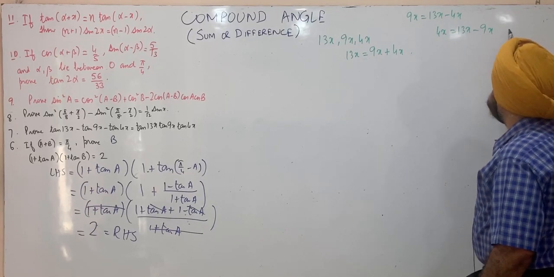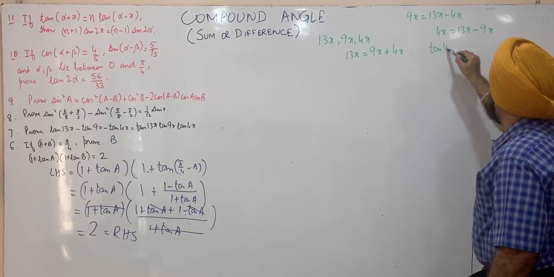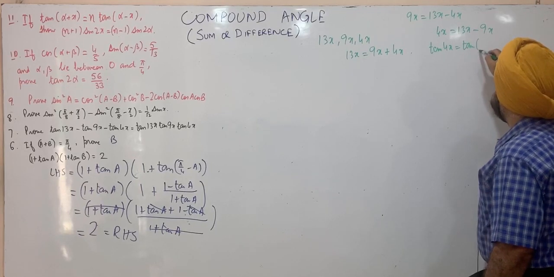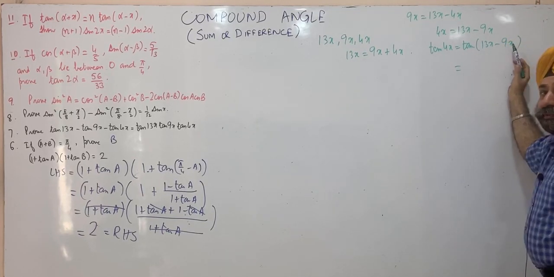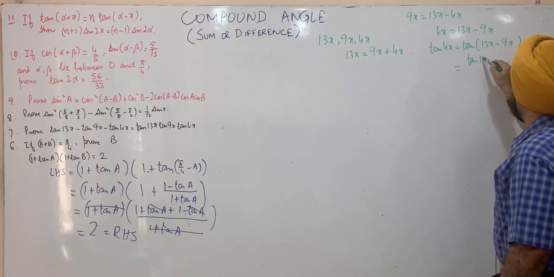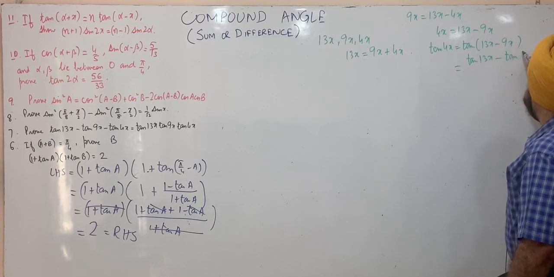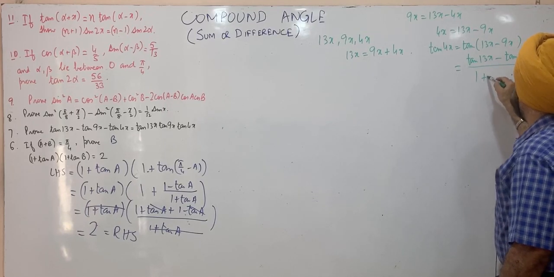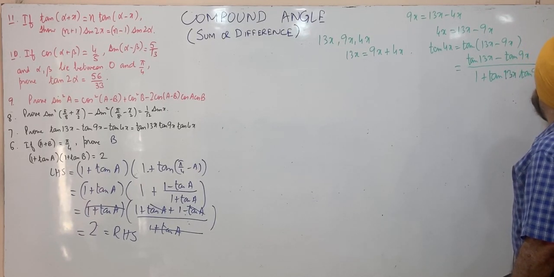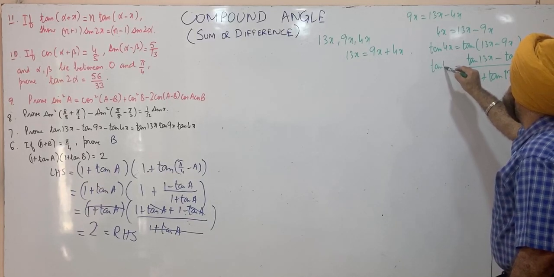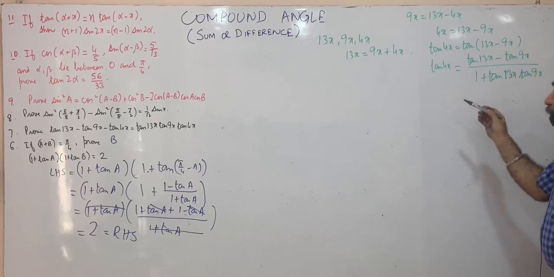4x is 13x minus 9x, taking tan on both sides. This is tan of 13x minus 9x, tan A minus B. This is tan A minus tan B upon 1 plus tan A into tan B. Left hand side we have tan of 4x. And then we cross multiply.